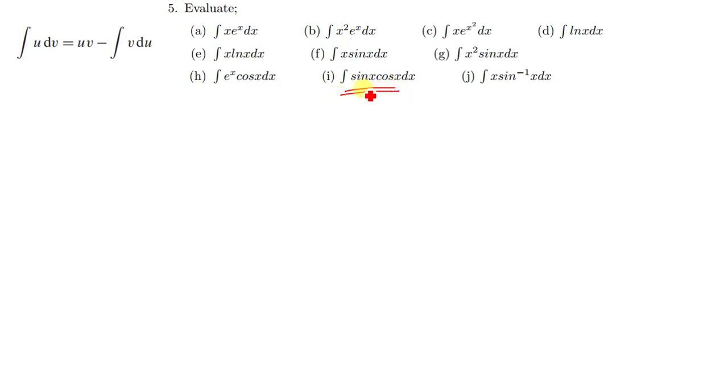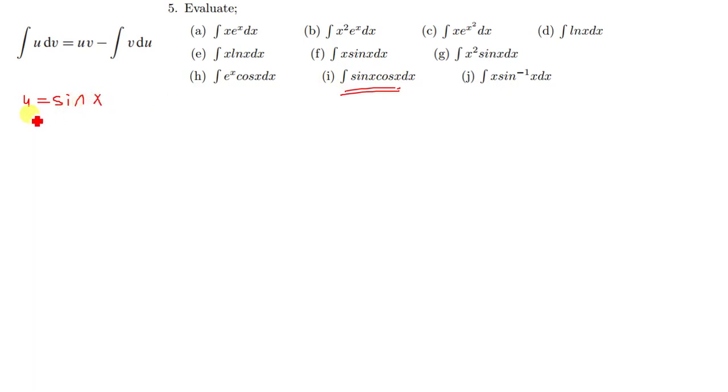This one you can either use integration by parts or substitution. How do you use substitution? Let us just revise on how to use substitution. You choose one of the two functions to be used. In my case, I'm going to choose my u to be equal to sine x.